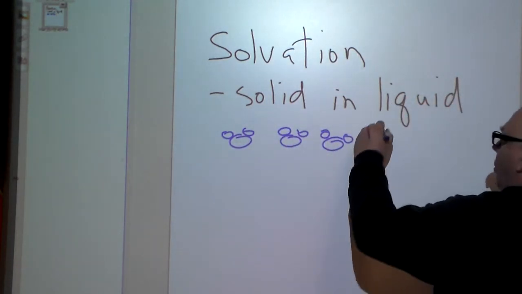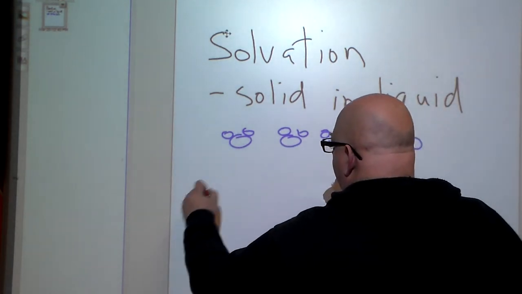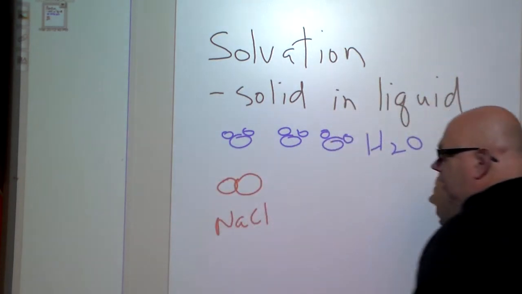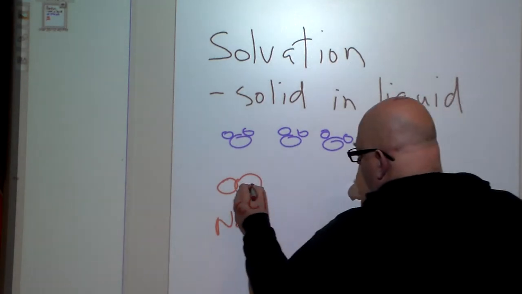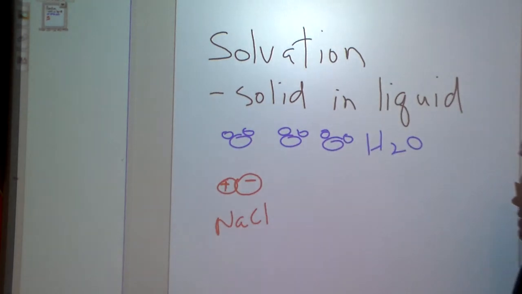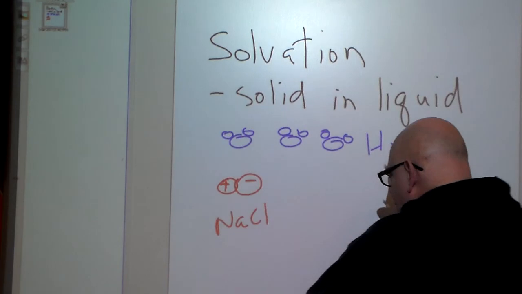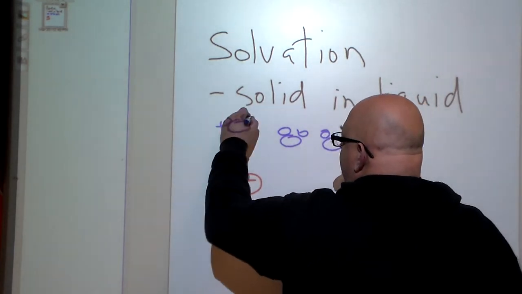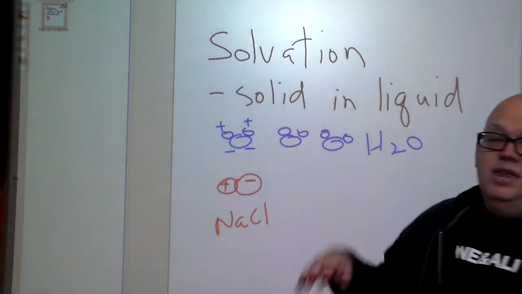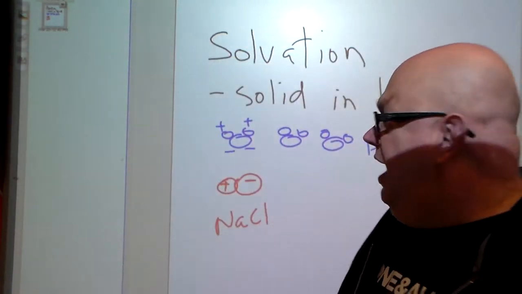And let's say I am NaCl. So the Cl is a negative, and the sodium is a positive. Now remember, what do we know about the water? Well, on this end it's positive, on this end it's negative. This is key to understanding solvation. It's a dissolving process. How does it do that?